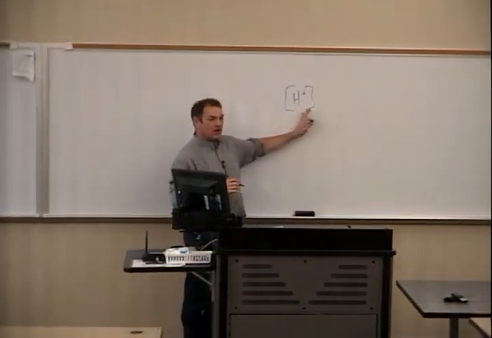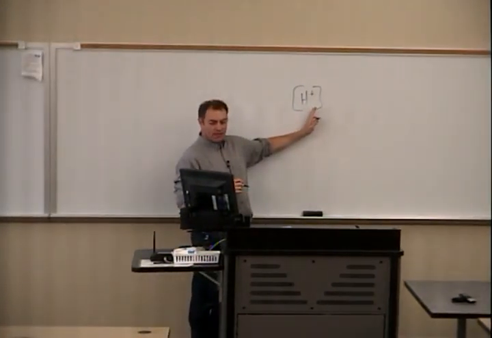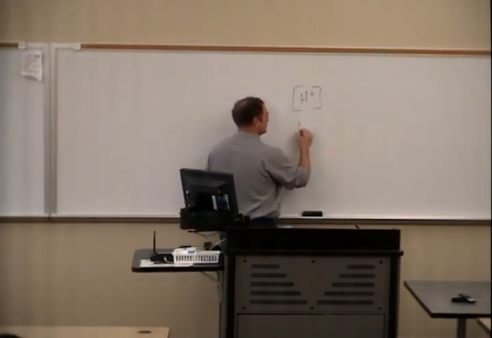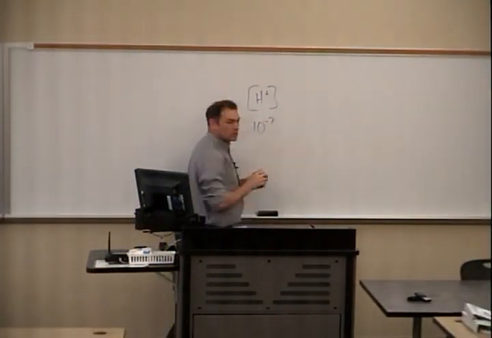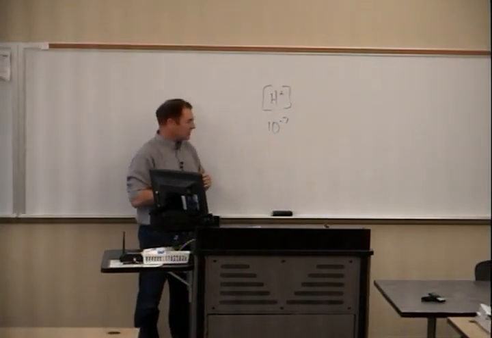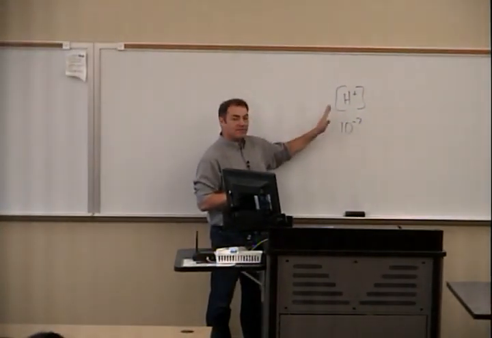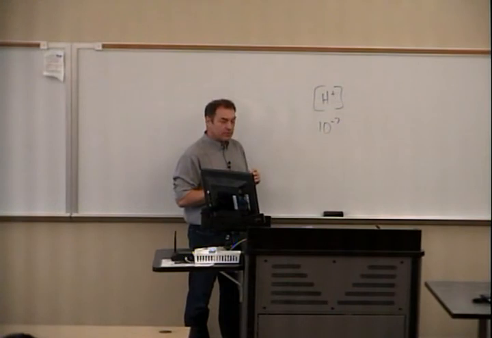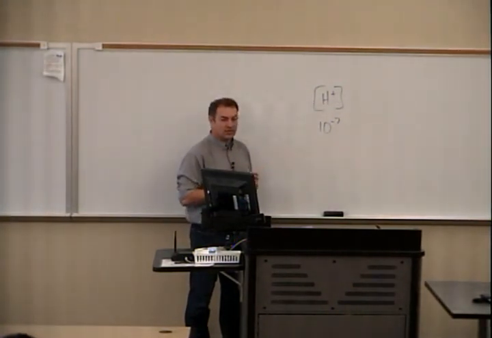What's the concentration of hydrogen ions in pure water? Good, 10 to the negative 7. Okay. Now, if I add a substance to pure water, I can increase the hydrogen ion concentration. Would it go up to negative 6?